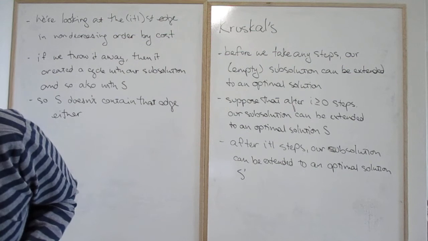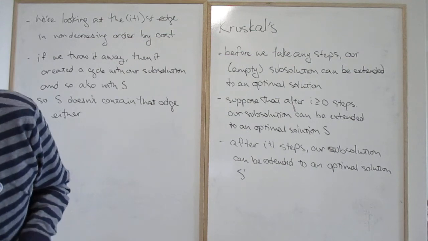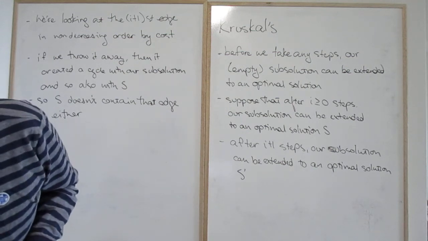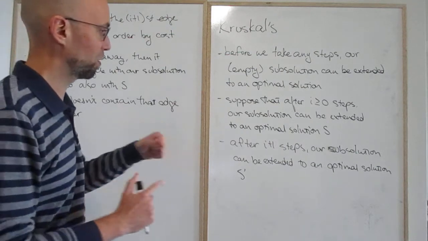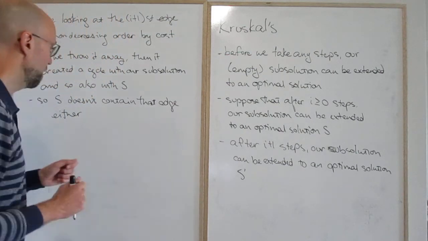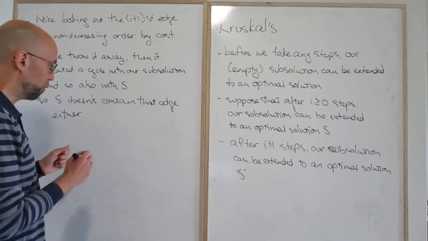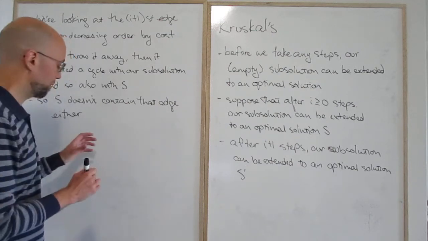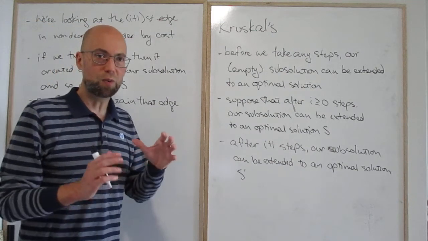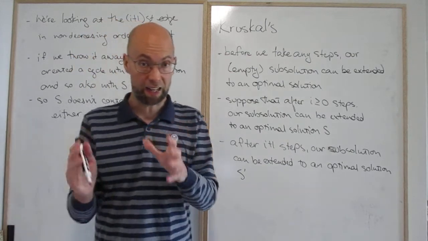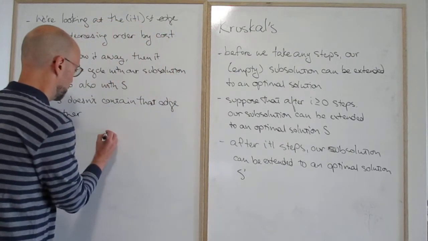I just have to remember that I'm teaching you Kruskal's, I'm not switching up Kruskal's and Prim's. This is Kruskal's. So suppose we take the solution S. So S is a tree.